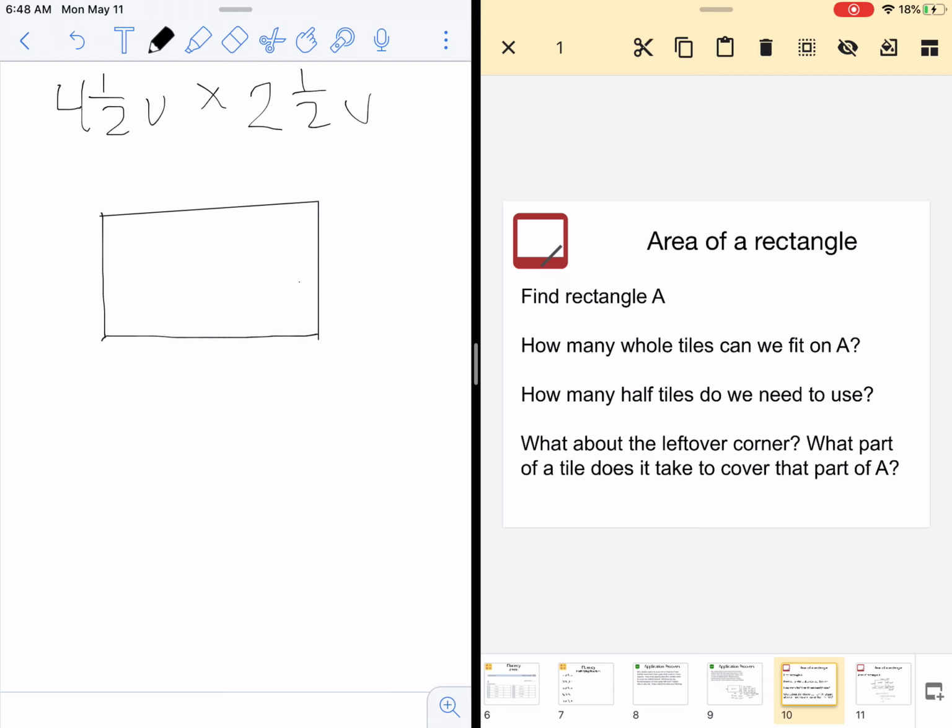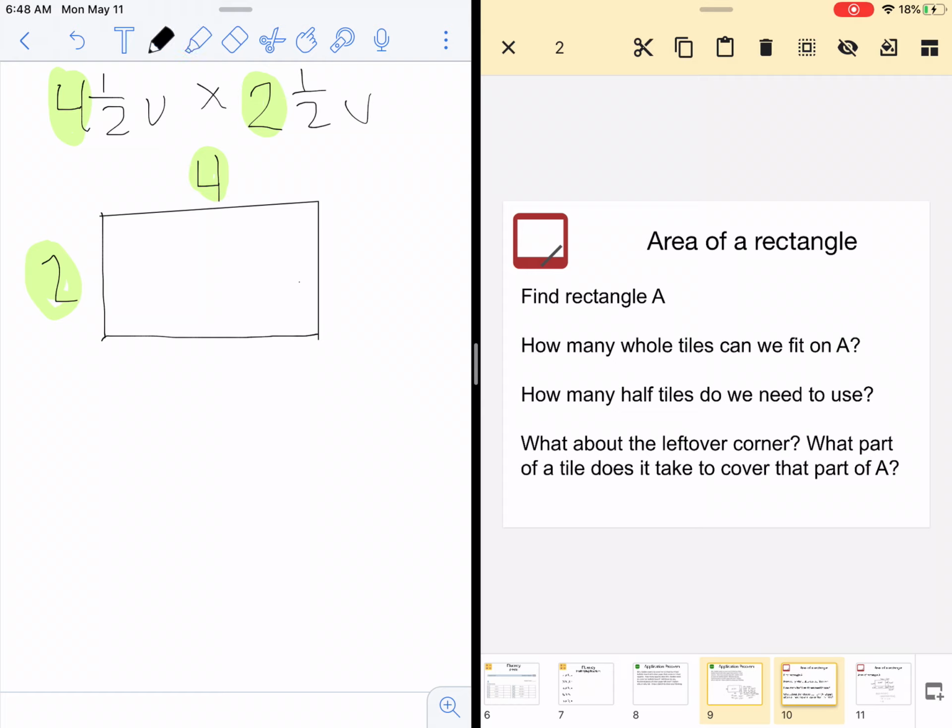So this is going to be 2 units by 4 units. If you remember what we did for lesson 10, we separated the whole numbers and the halves, or the whole numbers and the fractions.